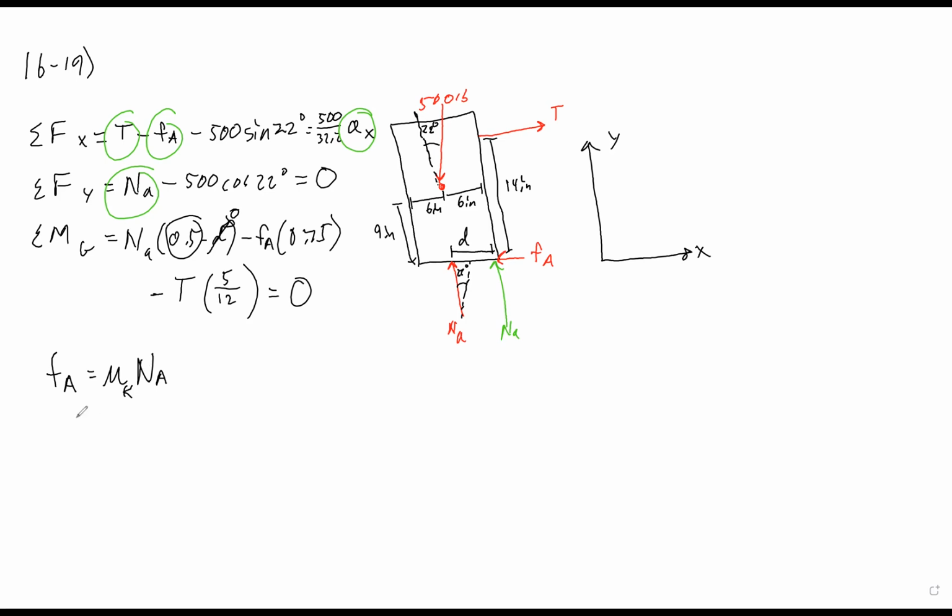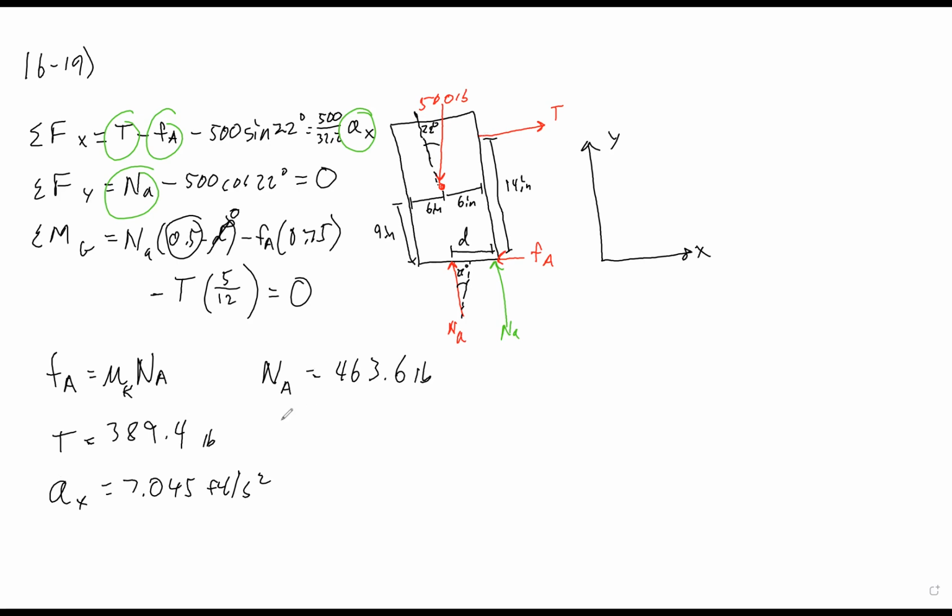The tension is going to be 389.4 pounds. The acceleration in the x direction is 7.045 feet per second squared. Our normal force is 463.6 pounds, not newtons.